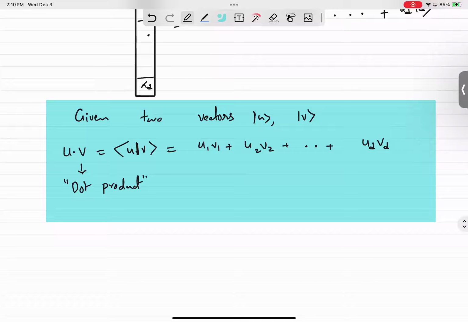And this helps us calculate lengths of projections, and hence the probabilities of different measurement outcomes when you apply various measurement devices.